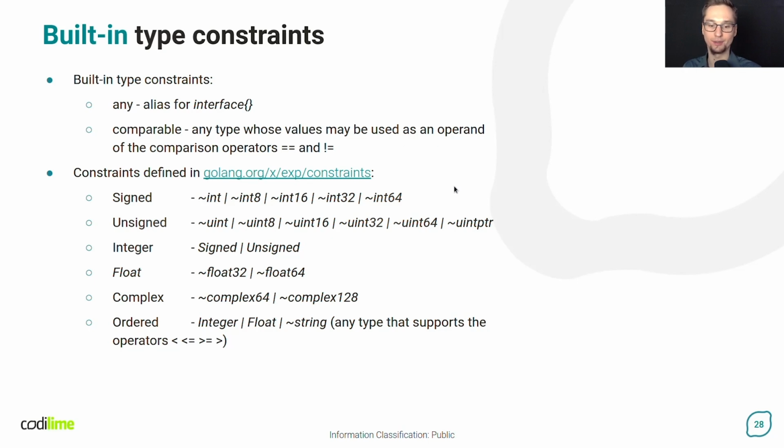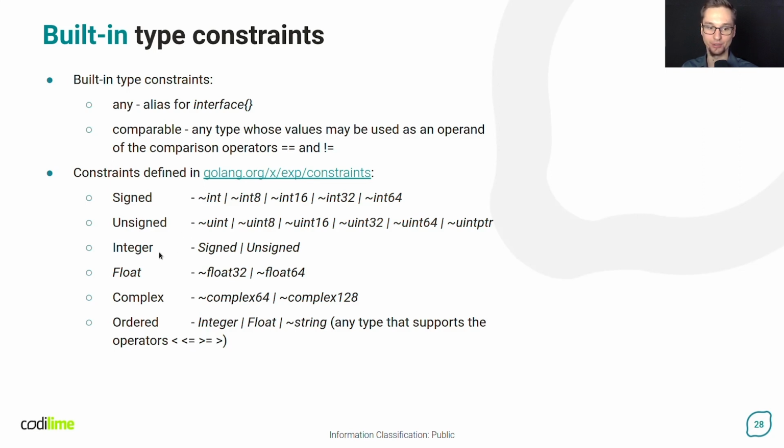Additionally, there is an experimental repository with a constraints package that defines more constraints. In the future it will be moved to the standard library, but it was decided that the current release is not the time for that. So we have a signed constraint which allows all integer types with sign, and we have an unsigned constraint which allows all unsigned integers.